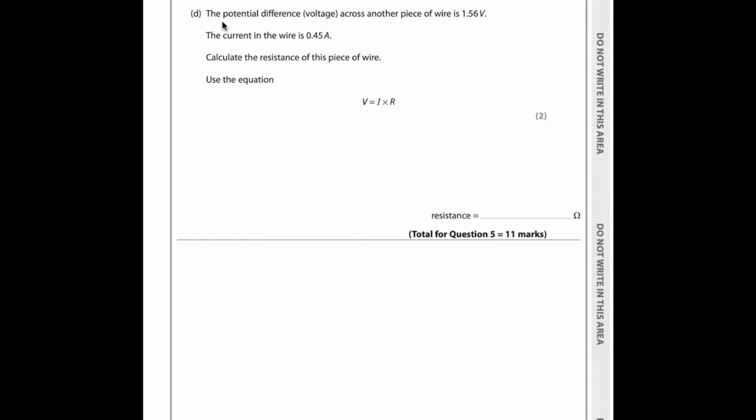Part D. The potential difference or voltage across another piece of wire is 1.56 volts, so that's V. The current in the wire is 0.45 amps, that's our I. Calculate the resistance, so that's our target, R, of this piece of wire. Use the equation V equals I times by R. Right, we're going to need to rearrange this, so we can use a magic triangle, do a top shelf and a multiplied sign.